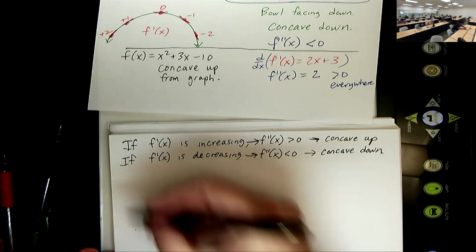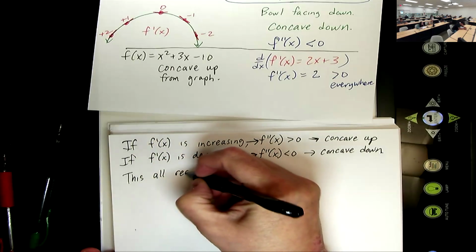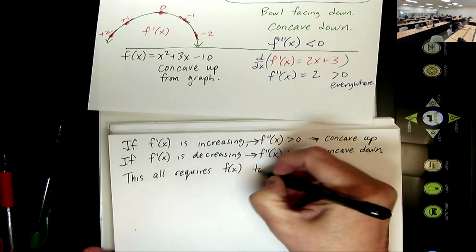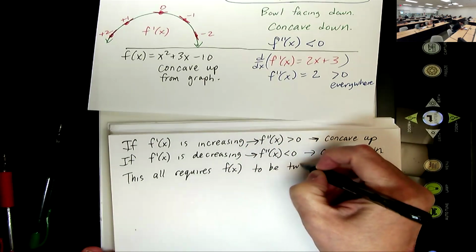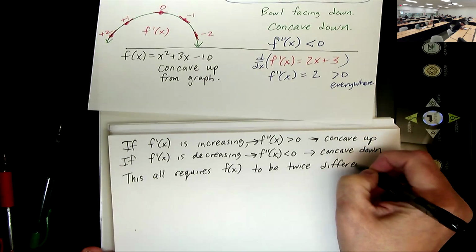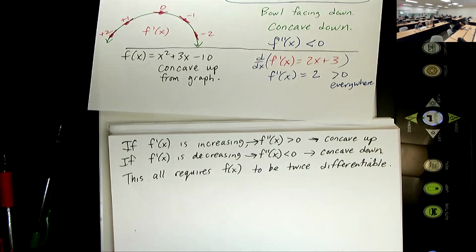Of course, this all requires f of x to be twice differentiable. You have to be able to take the derivative twice and actually have it mean something at those points.